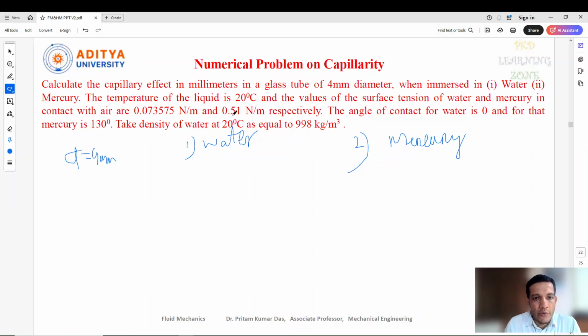Now temperature of the liquid is given, 20 degrees centigrade, that is not required for us, but still we can write what is the data given here, and this one we can write 4 into 10 to the power minus 3 meter.